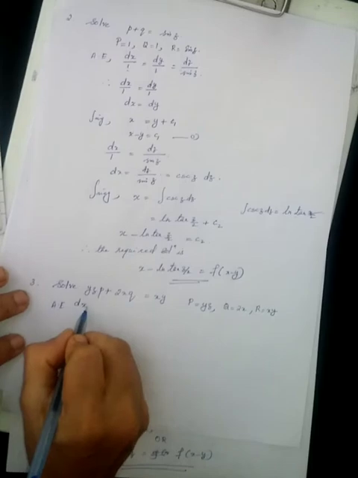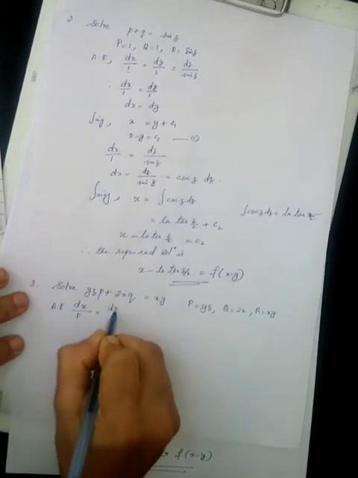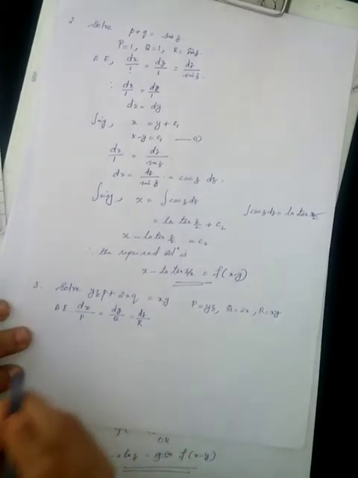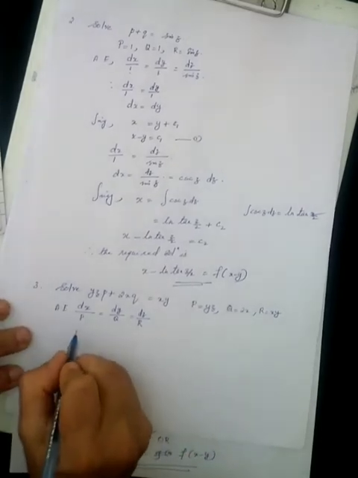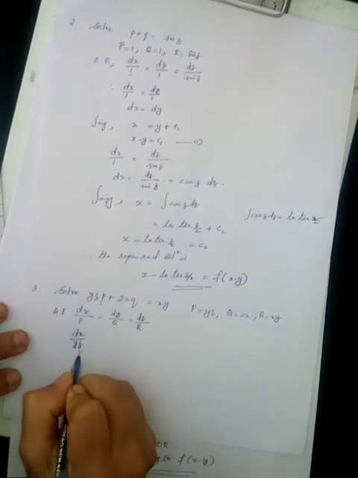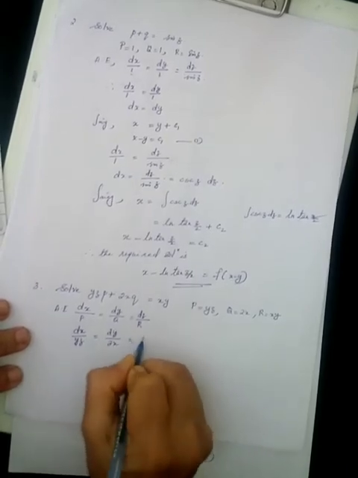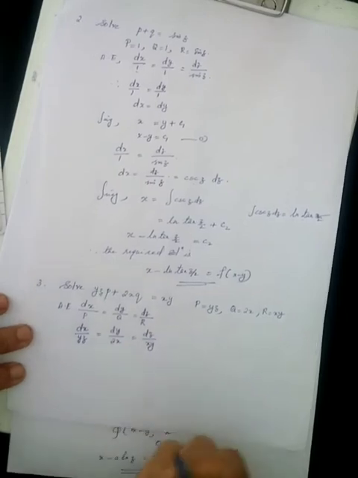We have to write the corresponding auxiliary equation dx by p equal to dy by q equal to dz by r. So dx by yz equal to dy by 2x equal to dz by xy.